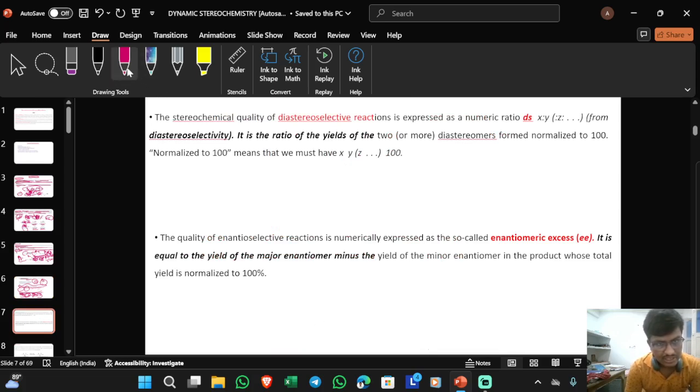And the stereoselectivity and stereochemical quantity and the stereoselective reaction. Explain diastereoselective.